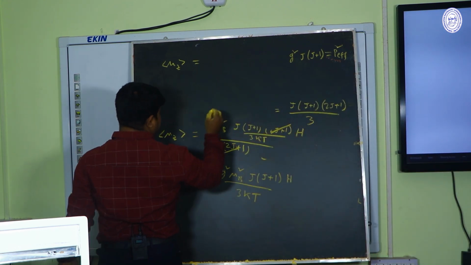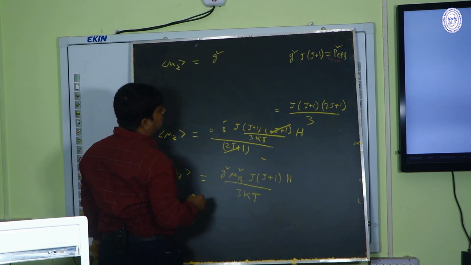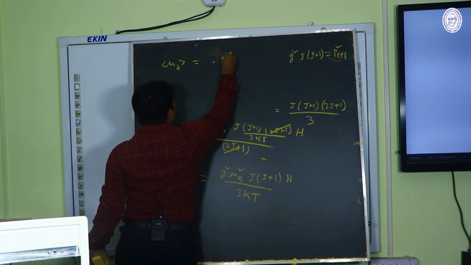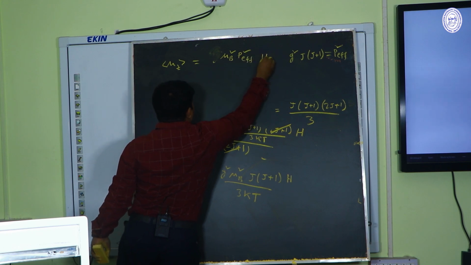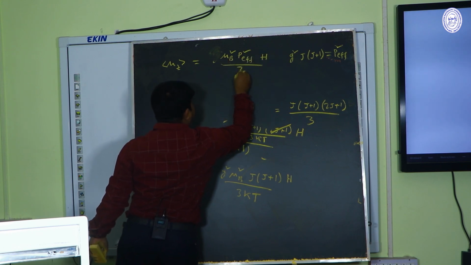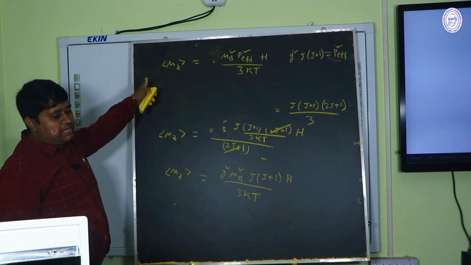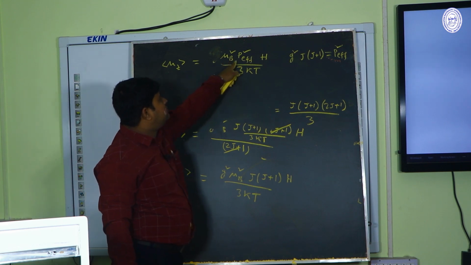So mu average is equal to mu b square p effective whole square H by 3 kT. So the average magnetic moment is mu b square p effective square H by 3 kT.